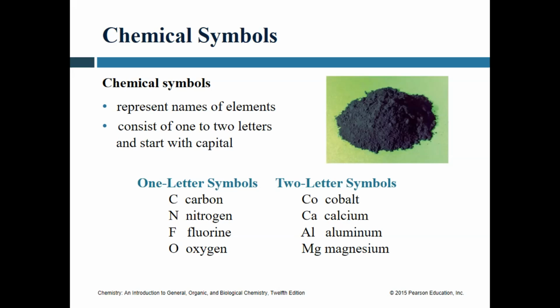Sometimes it is. You got cobalt, calcium, aluminum. All three of those, the two-letter symbol matches the first two letters of the element's name. But it doesn't always work out that way. Magnesium is Mg instead of Ma. Chlorine is Cl instead of Ch.